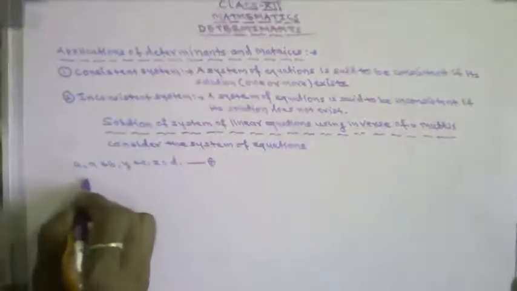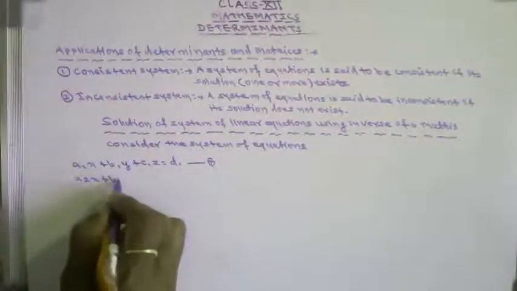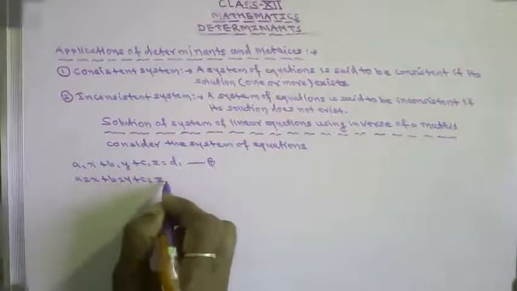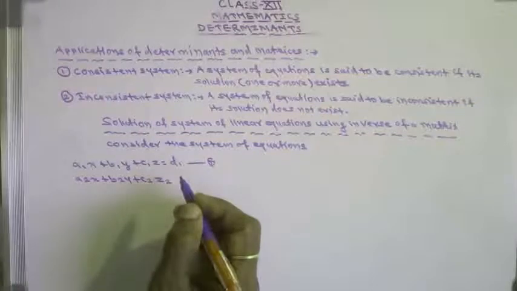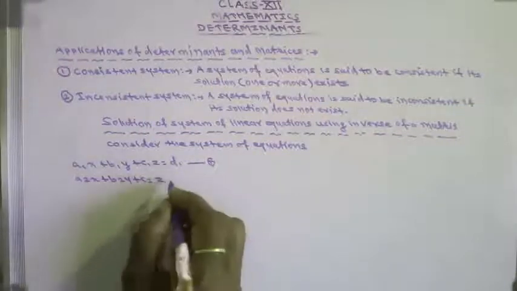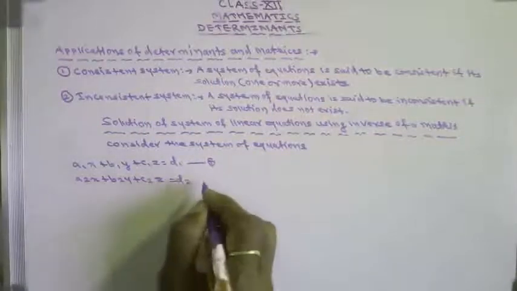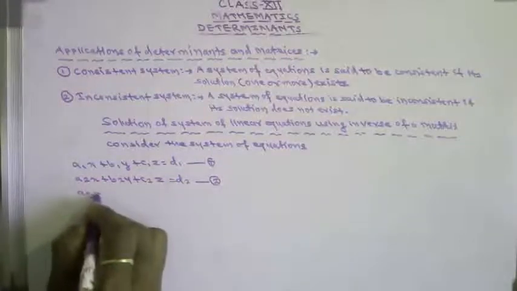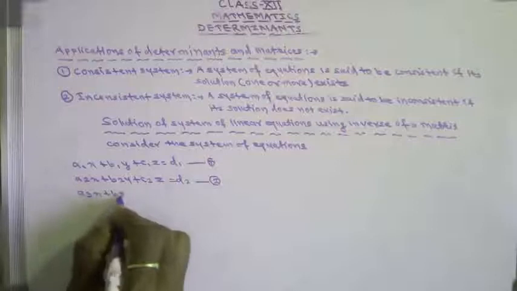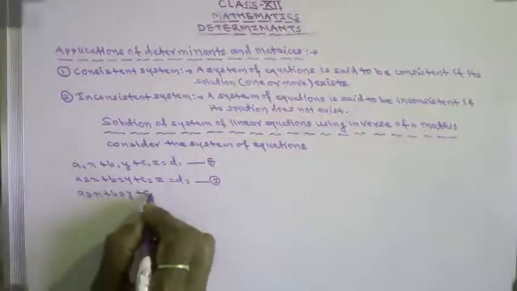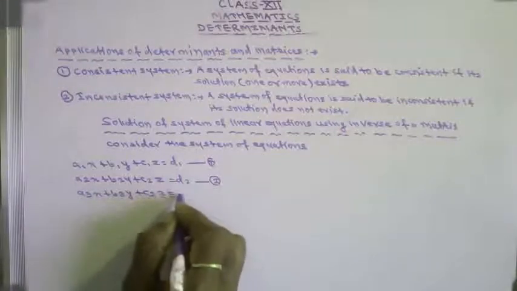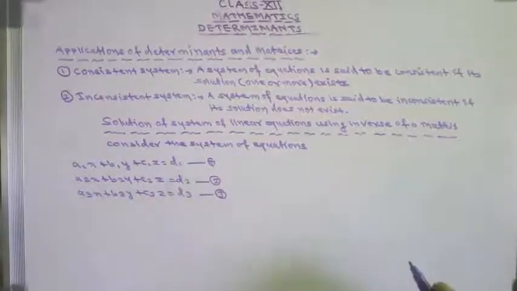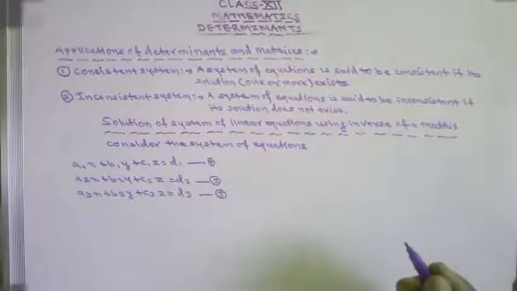Then a2x plus b2y plus c2z equals d2. Then a3x plus b3y plus c3z equals d3. Now these are 3 linear equations.